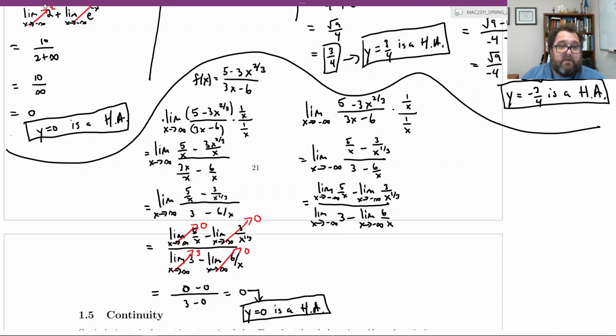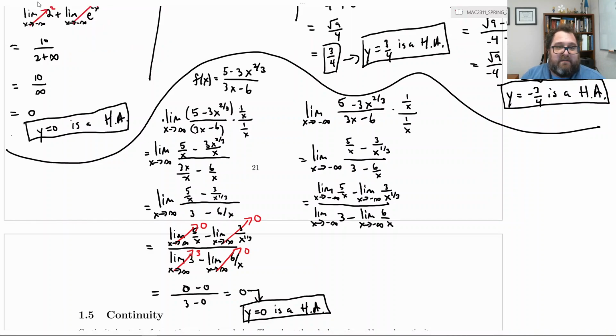And just like before, all those individual limits are not affected by the fact that we're going to negative infinity instead of positive infinity. In that first limit, the bottom is growing, whether it's towards negative infinity or positive infinity, and the top is constant, so it goes to 0.